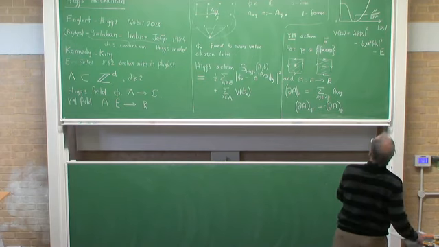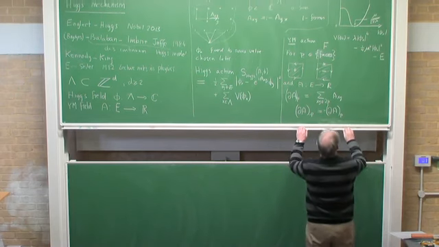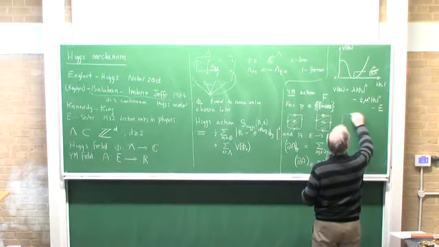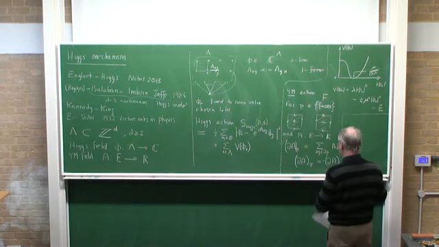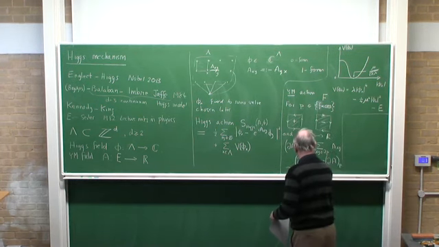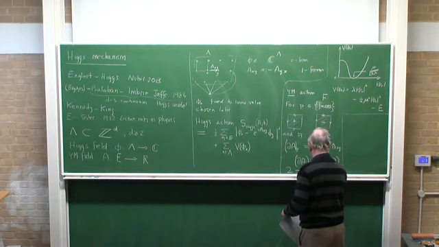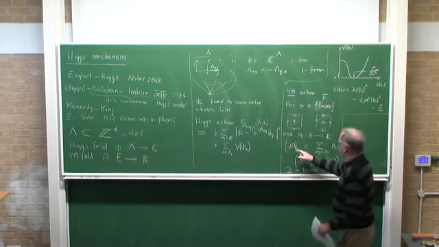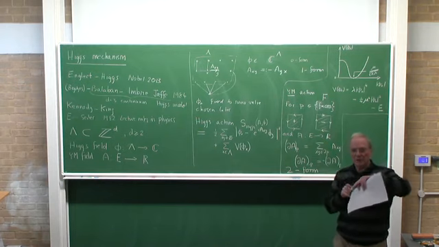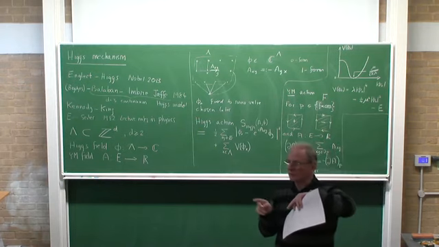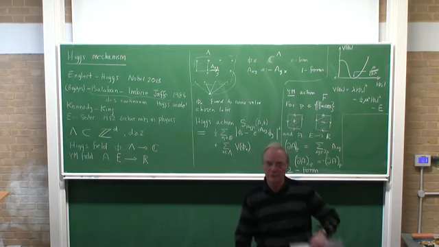I didn't define the action yet. Hang on. Squeeze it in here. So the Yang-Mills action, this is a two-form. So A is a one-form, an assignment. You can think of the edges as being like vectors, right? Directions.